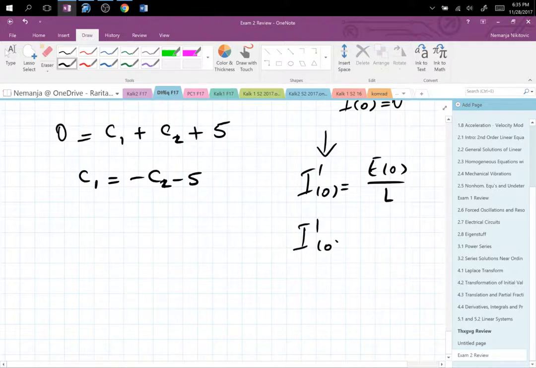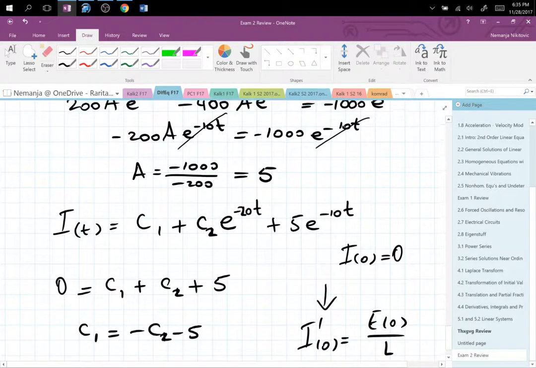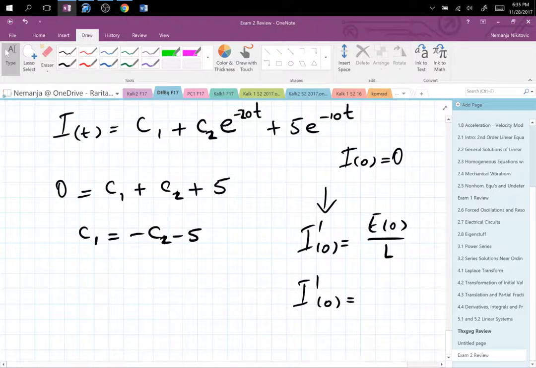So I prime of 0 is equal to E of 0. E was given as 100, and then divided by 2, so 50. E of 0 is 100 divided by 2, so it's 50.